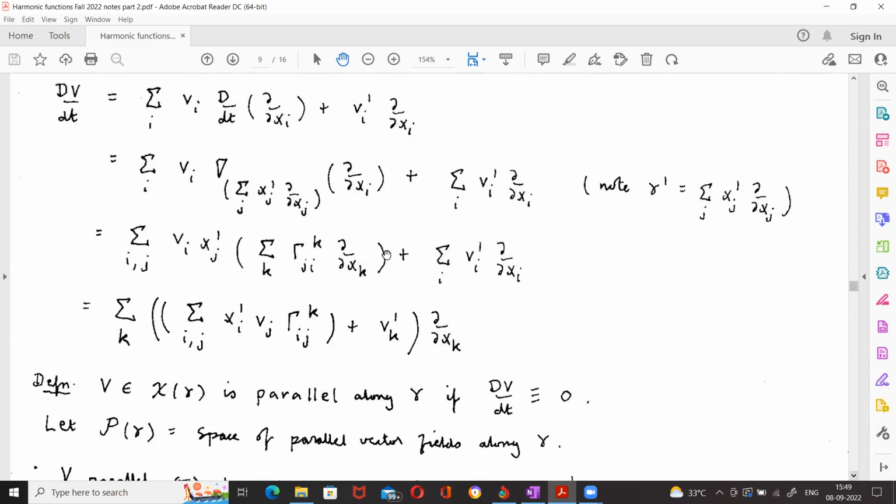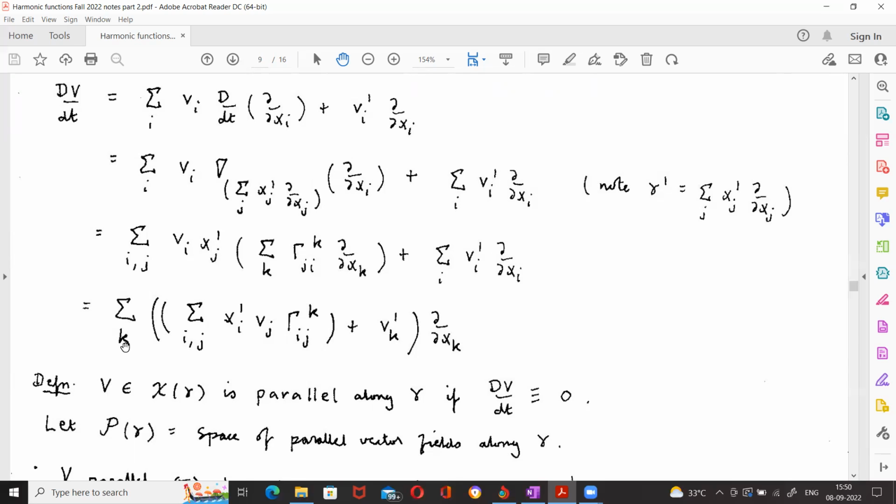Now I use linearity of the connection in C infinity and linearity of the connection in the first variable. So the sum over j will come outside, so I'll get a sum over i, j, and the xj prime will come out, so I'll get Vi xj prime, and then nabla sub ∂/∂xj of ∂/∂xi. That will be a sum over k of Gamma^k_ji ∂/∂xk, where these are the Christoffel symbols, and then I have plus the sum over i of Vi prime ∂/∂xi.